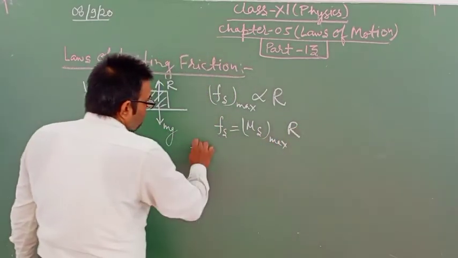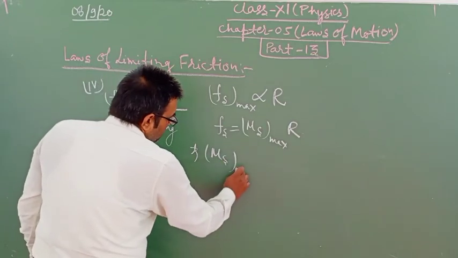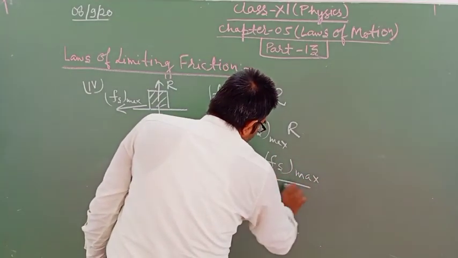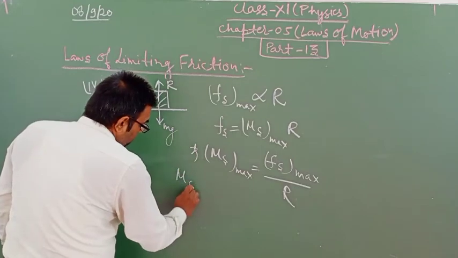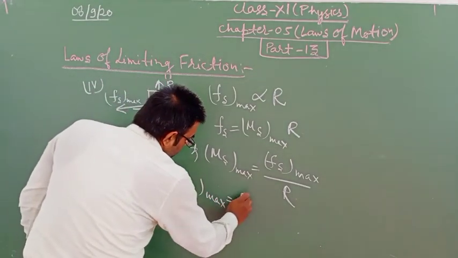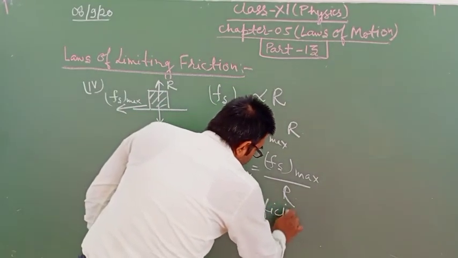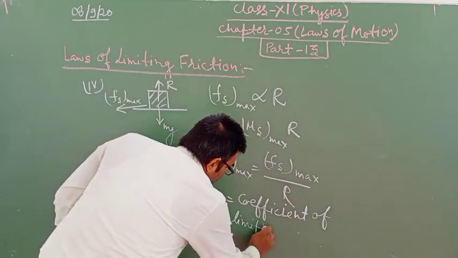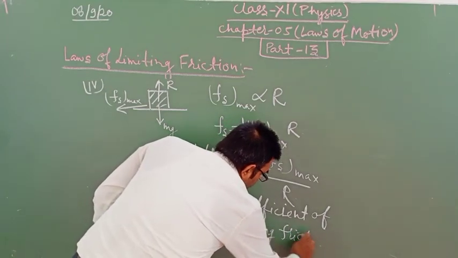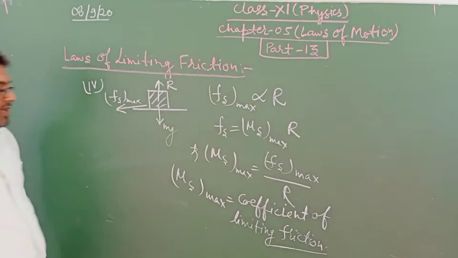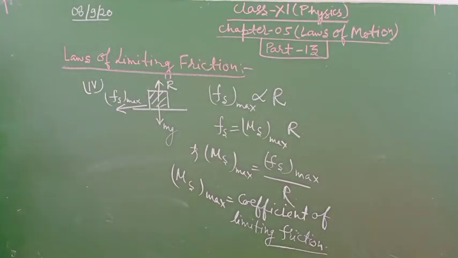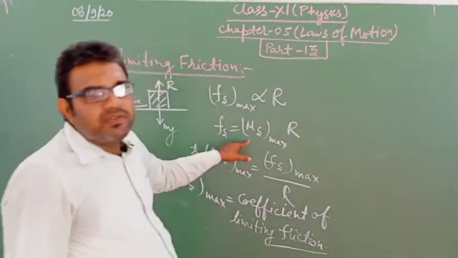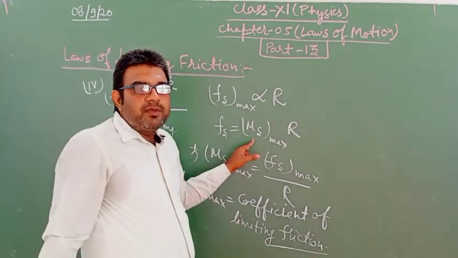Or you can say that mu s max is equal to Fs max upon R, and this mu s max is called the coefficient of limiting friction. Since we replace the constant of proportionality with a constant, it is called the coefficient of limiting friction, denoted by mu s max.